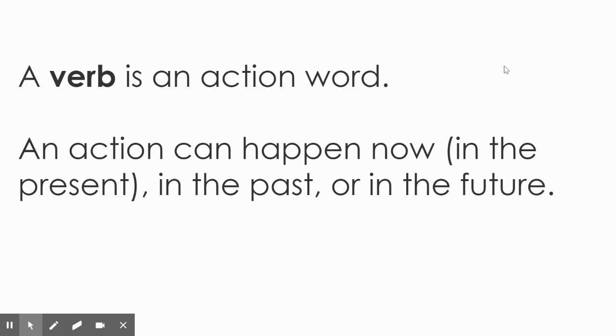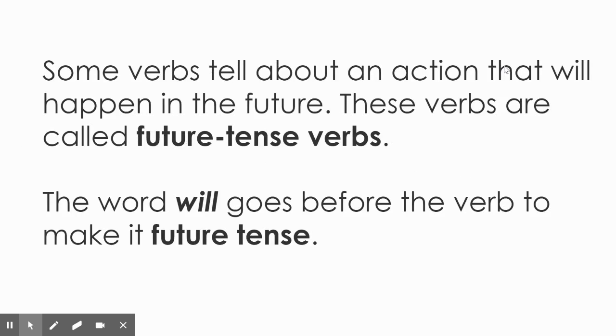All right, now we are going to shift gears and talk about future tense verbs. Just a reminder that a verb is an action word. An action can happen now, in the present, in the past, or, as we are about to find out, in the future. Some verbs tell about an action that will happen in the future.